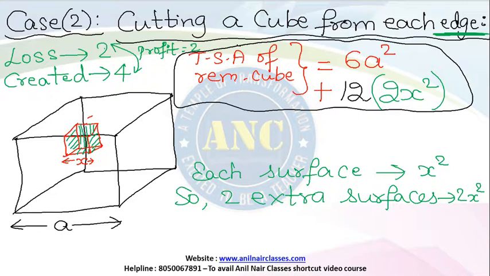For 2 extra surfaces the area is 2x square. This 2x square is only for one edge. Like that I have 12 edges. So it is 2x square multiplied by 12. That means the total surface area of the remaining solid is 2x square multiplied by 12 plus the original area 6a square. This should be case 2.